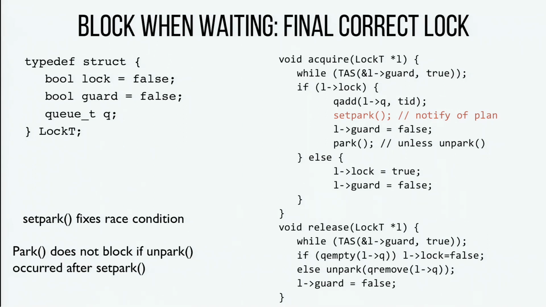And so there's this special call where you notify the scheduler that you're going to go to sleep, you're going to park yourself. That's what setPark did. And you do that before you release the guard for the critical section. And then if you called that and the signal comes in before you call park, the system remembers that you had the intention of parking, and it doesn't force you to wait at that park there. But you should spend some time looking at that code as well.